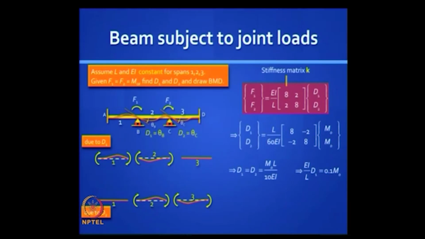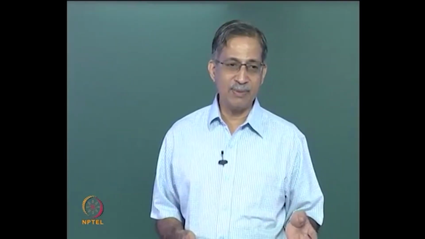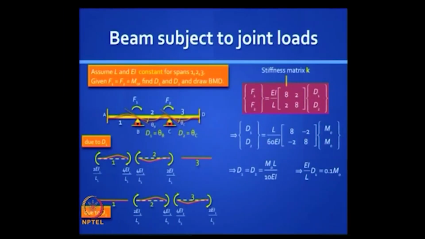The carryover moment will be 2 EI by L. Remember? So this is what it looked like in this problem. All the EIs are constant and all the L's are constant. So do you agree that this will take this form? It's 0.2 M naught, 0.4 M naught. That's it. You have only two options.